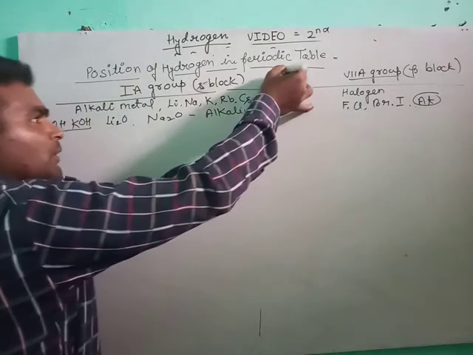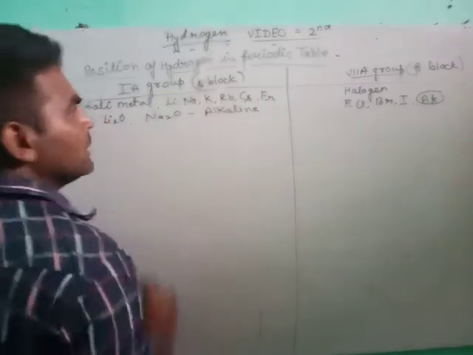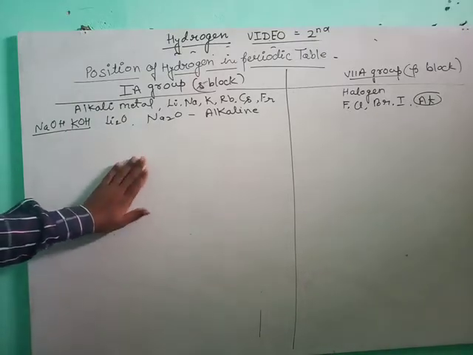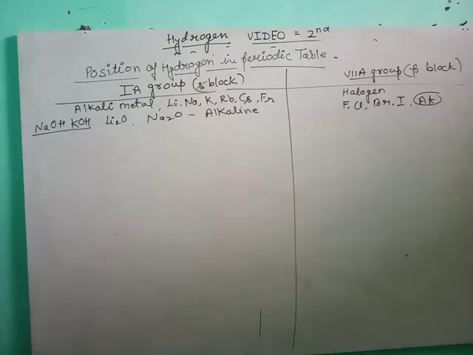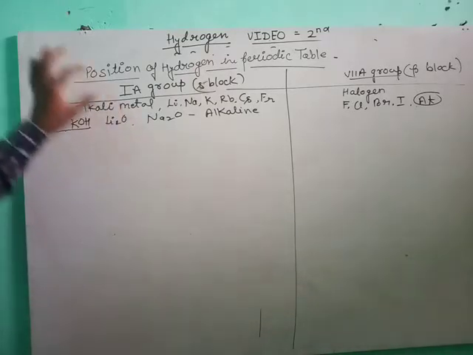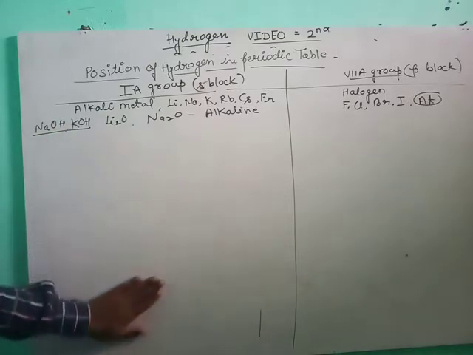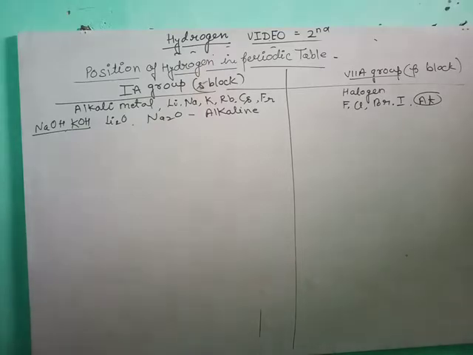And now we tell you the similarity of hydrogen with the first A group and the seventh A group. On the basis of similarity, we decide in which group we can situate hydrogen, because the position of any element is related to its similarity with the group.